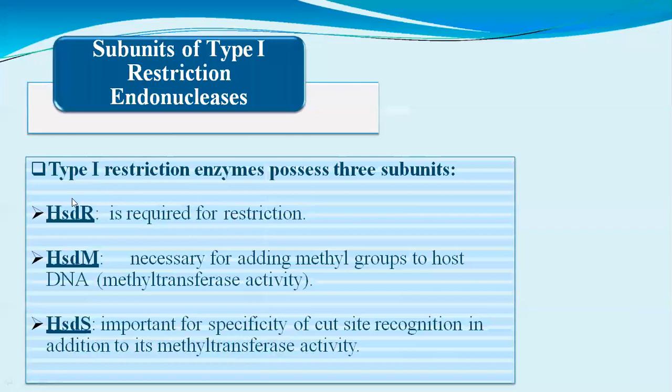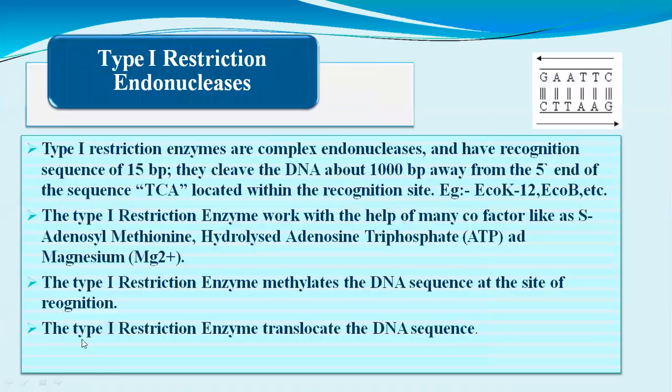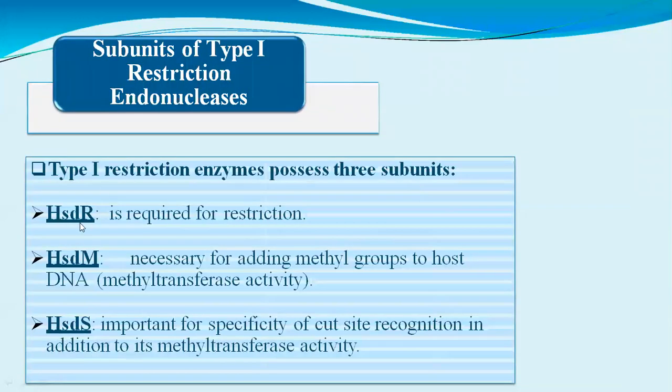So these subunits are very important for type 1 restriction to get the DNA cut into two halves, whenever they recognize this particular recognition site, and then they'll be making a cut.